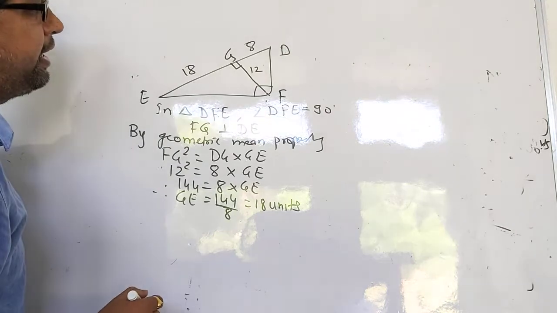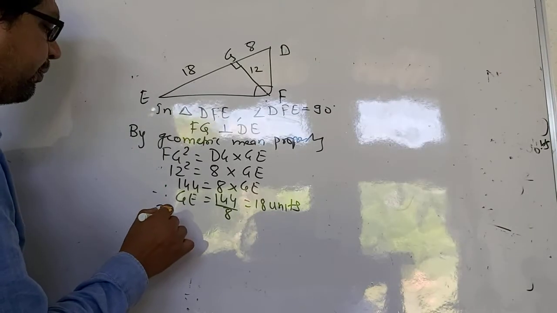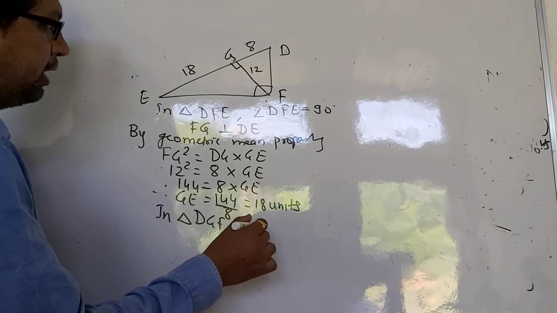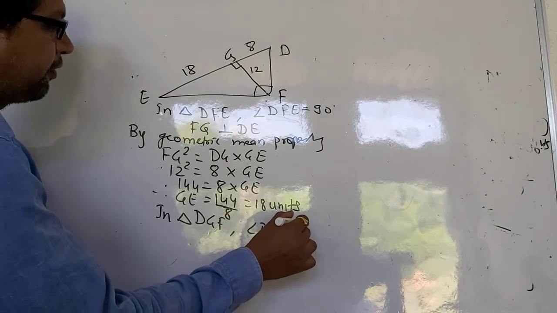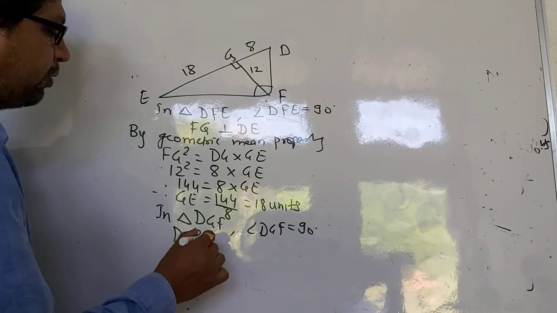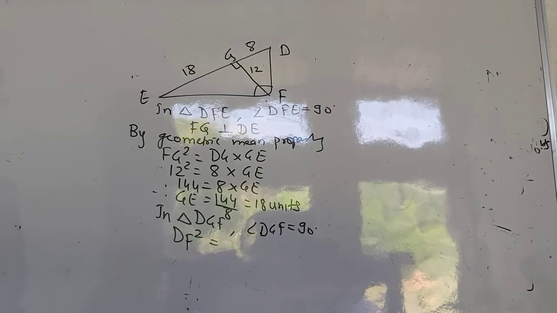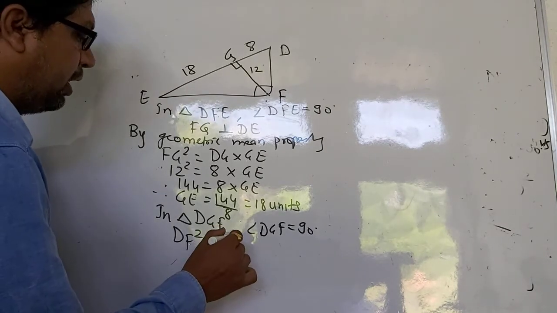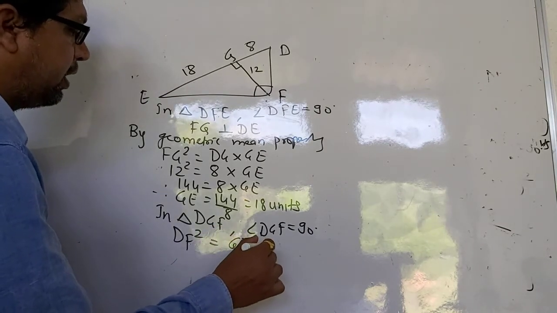Now we need DF in triangle DGF. Angle DGF is equal to 90. Therefore, it is the side in front of 90 degree, so it is hypotenuse. DF square is equal to GD square plus FG square.